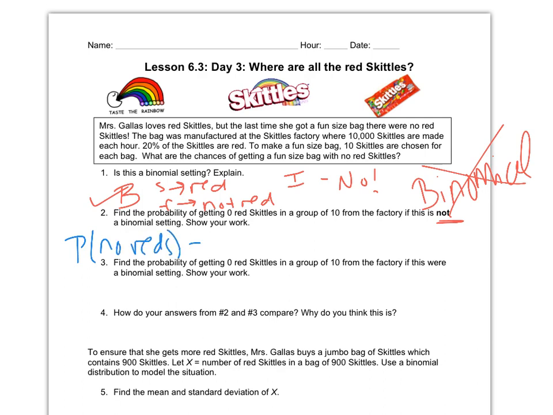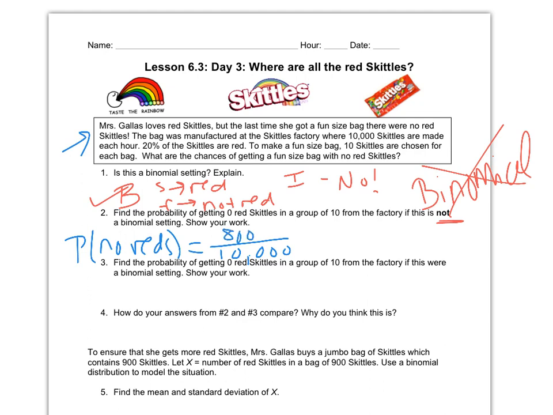And remember it said back up here at the beginning that at the factory 10,000 Skittles are made each hour and 20% of the Skittles are red. So if I have 10,000 Skittles, 20% of them are red, so I want the probability I don't get any reds, right?